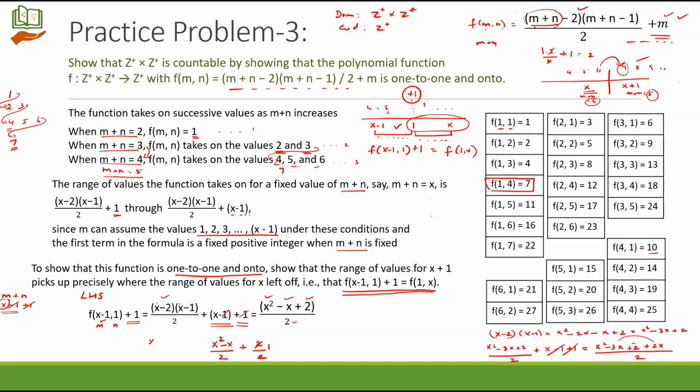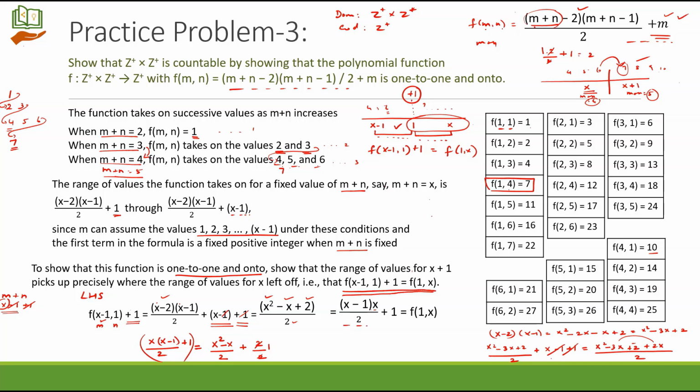You can take x outside and this can be written as x into (x minus 1) divided by 2 plus 1. Now this equation will be changed this way. So we have got x into (x minus 1), here x is placed, here x minus 1 is placed, divided by 2, and we get this plus 1 by striking off 2 divided by 2.